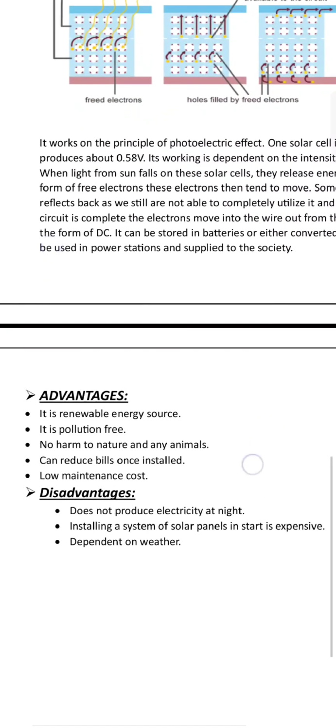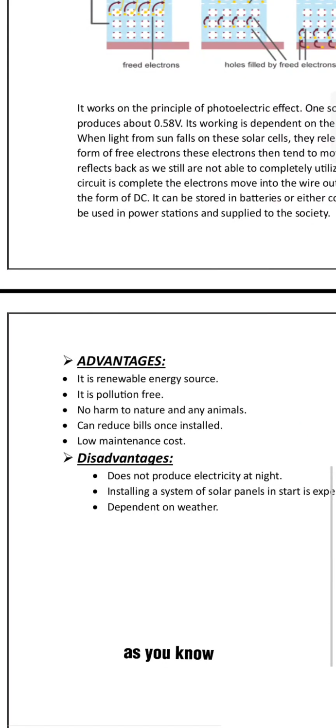So it is a renewable energy source, as you know. The energy comes from the sun, and it is free and abundant for us to use, and it would be best if we utilize it to the optimal extent that we can. It is pollution free. It does not cause pollution like electrical power plants that produce air pollution and damage our ozone layer.